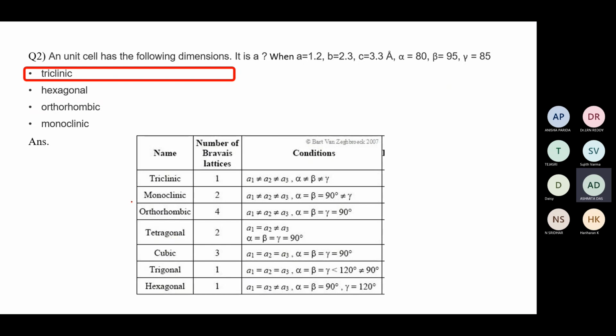Monoclinic is simple and end centered. Then comes the orthorhombic structure, which has simple, body centered, face centered and end centered. Then hexagonal, rhombohedral and triclinic. These are the different structures.